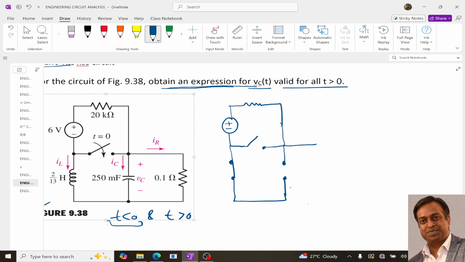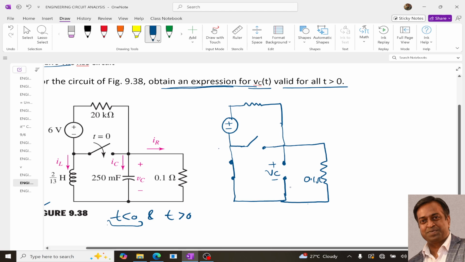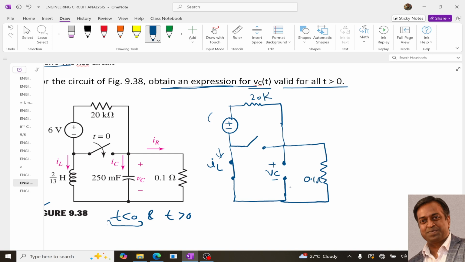This R is 0.1 ohm. This is VC. This is IL. This is 20k. This is 6 volt. This is IR. And this is the circuit at t less than 0.